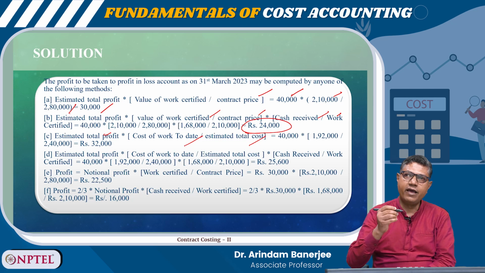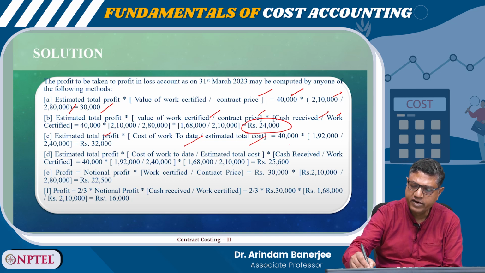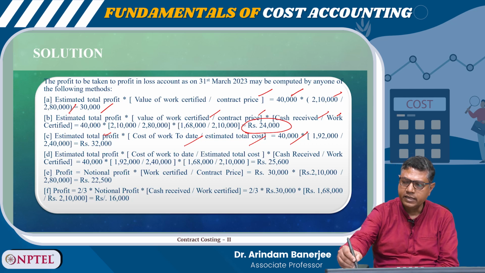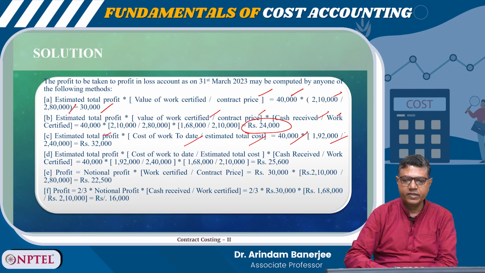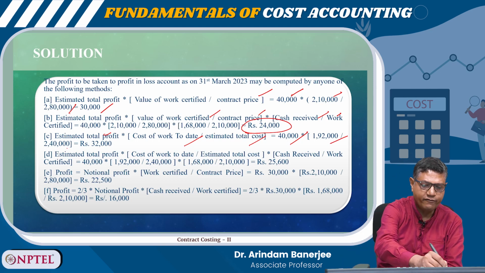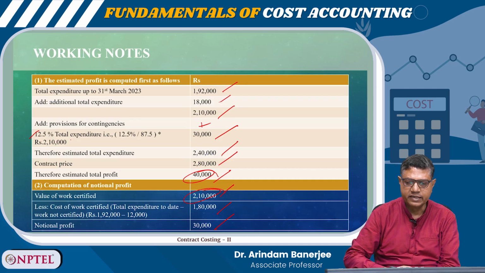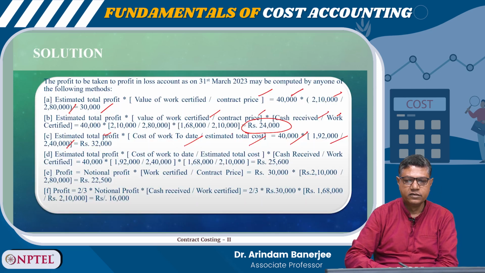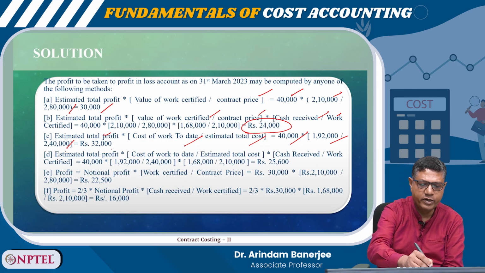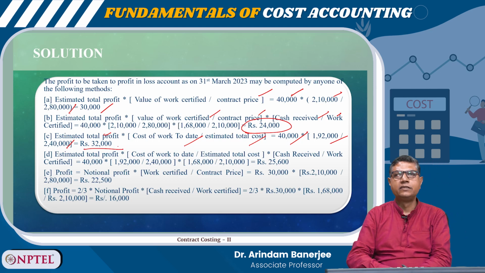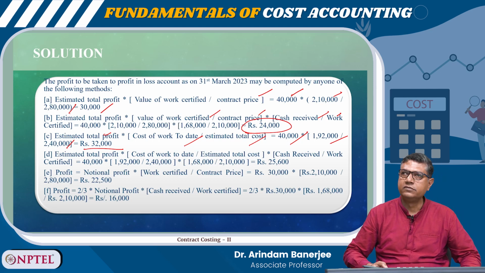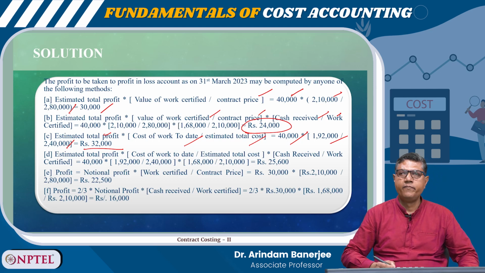Putting in the values, estimated total profit is 40,000 into cost of work to date 1,92,000 divided by estimated total cost 2,40,000, which we calculated earlier. If I calculate, I will get rupees 32,000, which can be transferred to the profit and loss account. So, this was the third method.